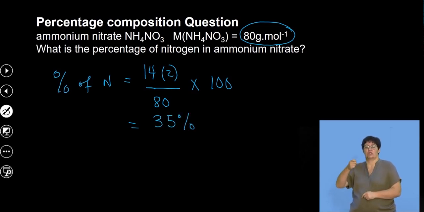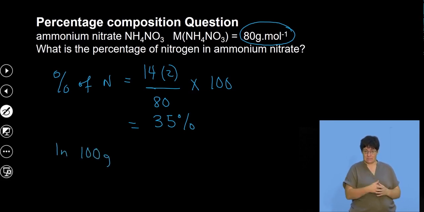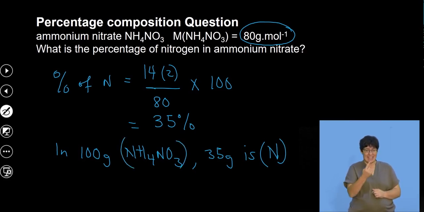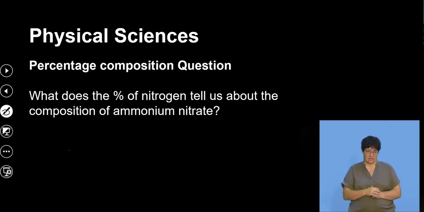Now, what does that tell us? It tells us that in 100 grams of ammonium nitrate, NH4NO3, 35 grams is nitrogen in terms of percentage composition. That's the main idea.